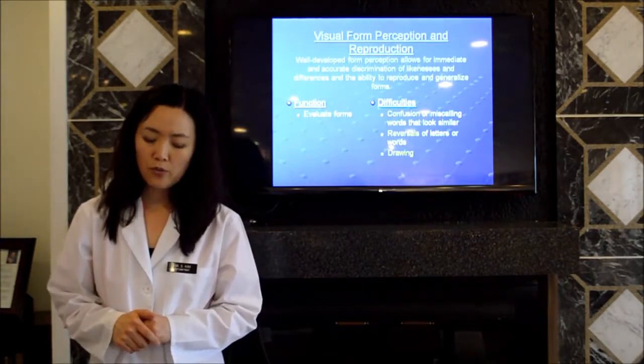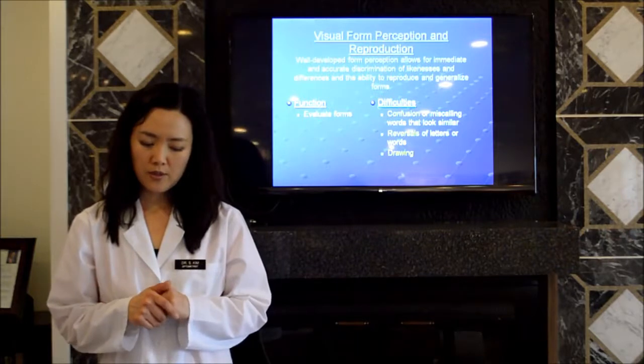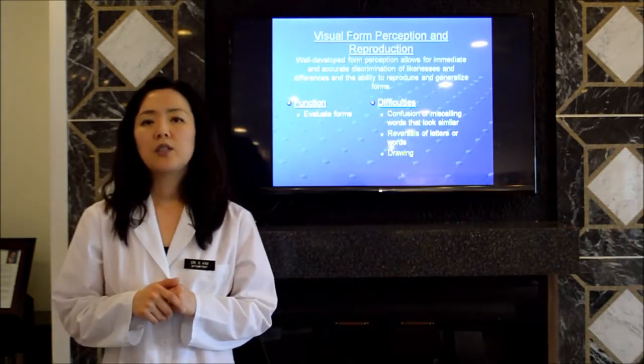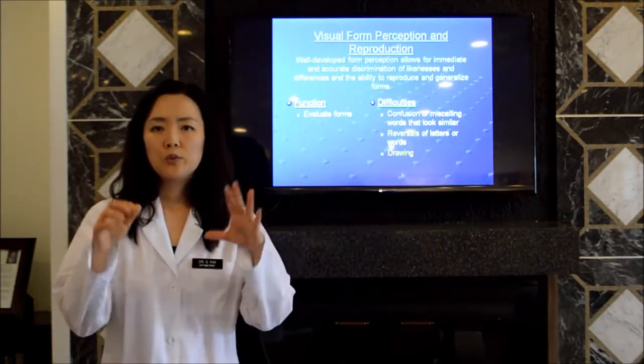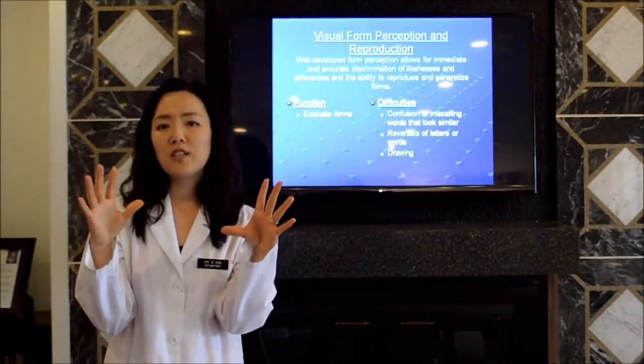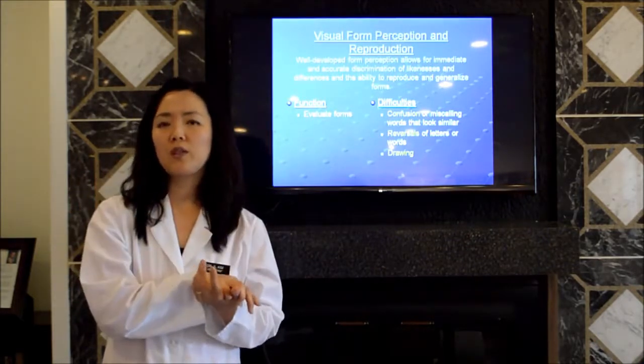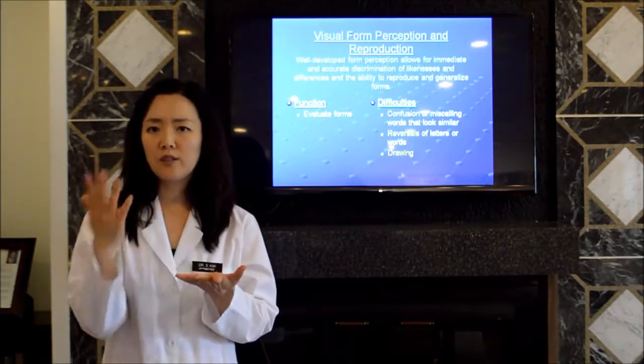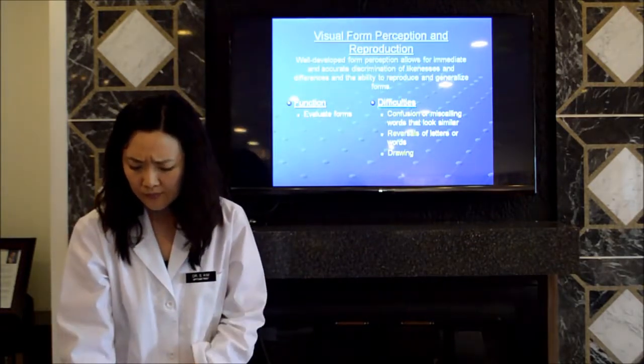Next will be visual form perception and reproduction. This is the ability to perceive something and understand what they're seeing, like the picture that we saw earlier, the girl and the older lady.